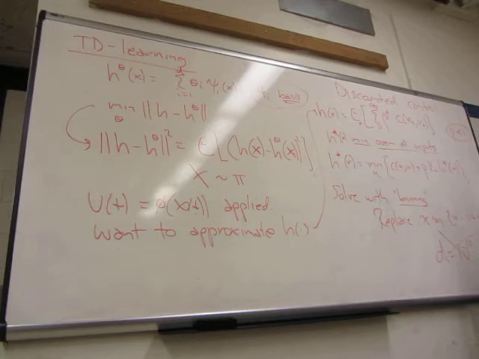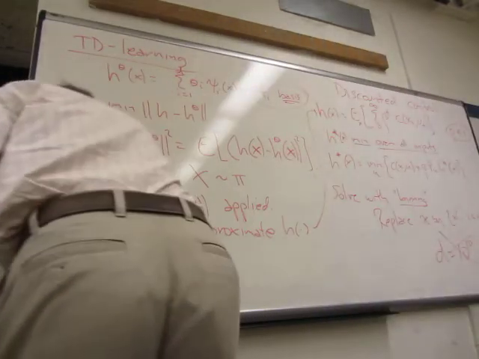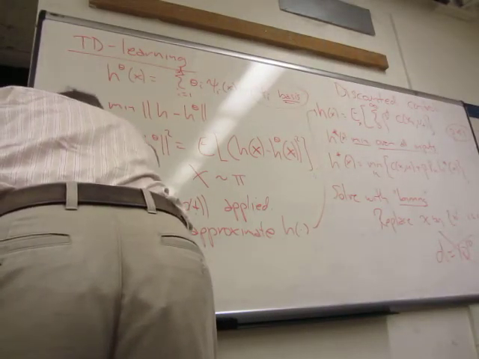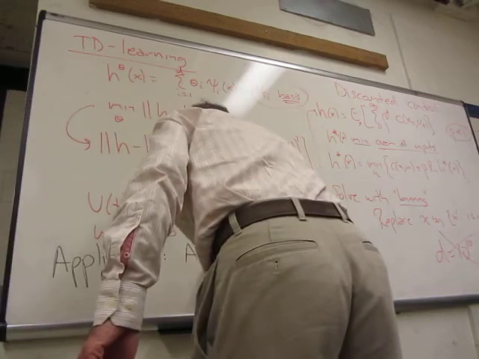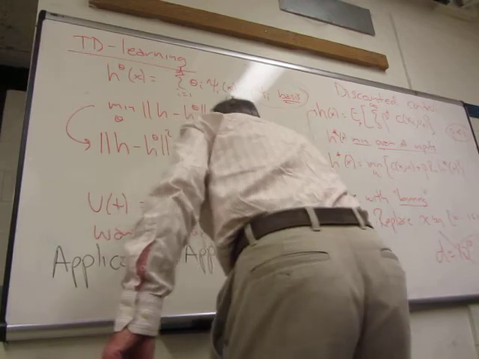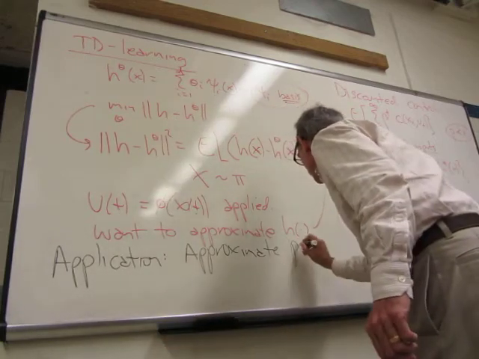We can take it as the input to a value iteration, but not value iteration. Policy iteration is where you're given a value function and you use that to define a new policy. So one application is approximate policy iteration.